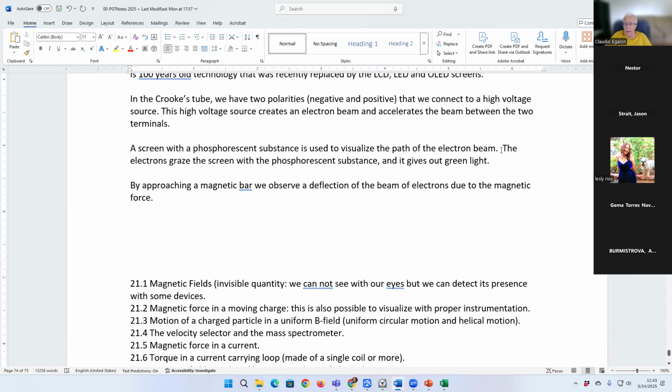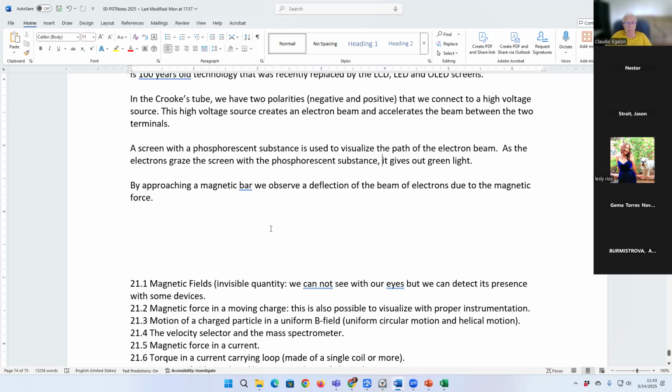As the electrons graze the screen with the phosphorus, it gives out green light. That's how we end up seeing the invisible, right? The result of the interaction of the electrons with the phosphorescent substance.